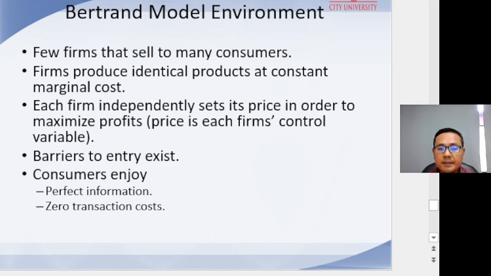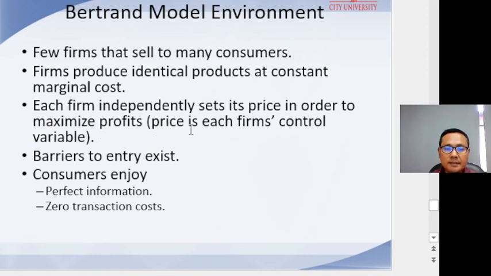So an industry is characterized as a Bertrand oligopoly if there are a few firms that sell to many customers, and firms produce identical products at constant marginal cost, and each firm independently sets its price in order to maximize profit.